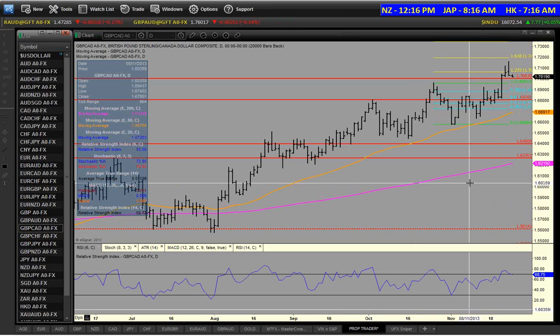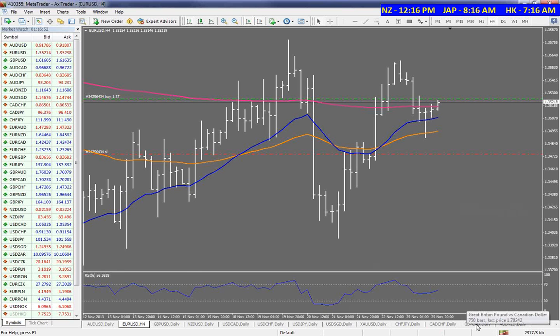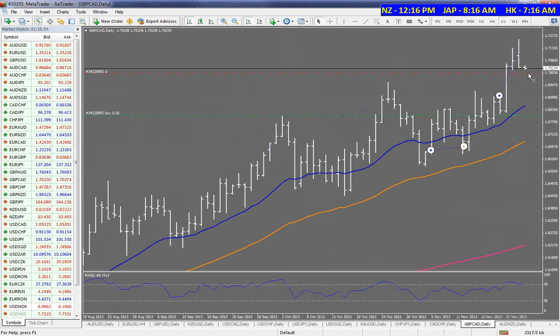Yep, should be in profit protection mode. In fact, in profit protection mode. I closed down some of my position yesterday, you can see there. This one here is still in there.